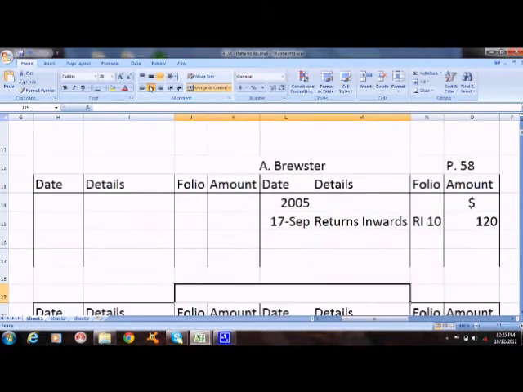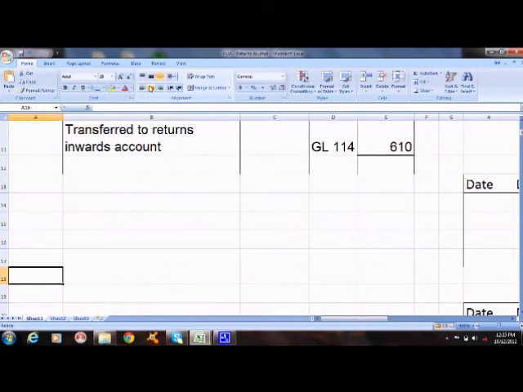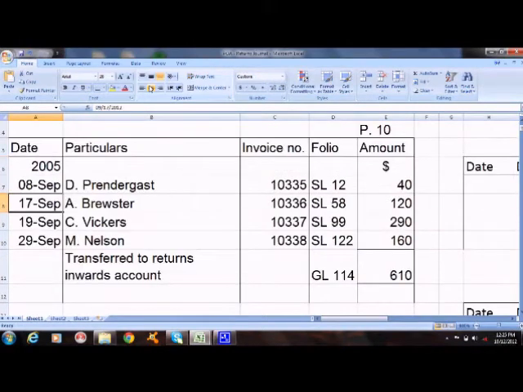Next person is who? The next person is Mr. C. Vickers. C. Vickers, P what? You should be able to guess this one. P99. Based on what you have written down already, you should have guessed. So P99, because it's page 99 of the sales ledger, and the amount is what? 290.